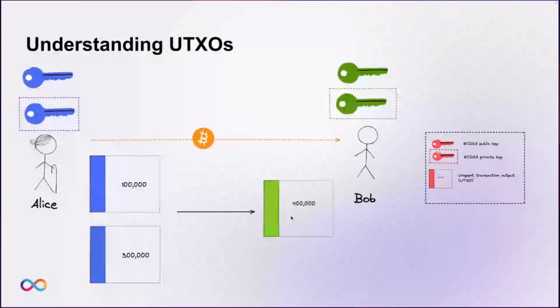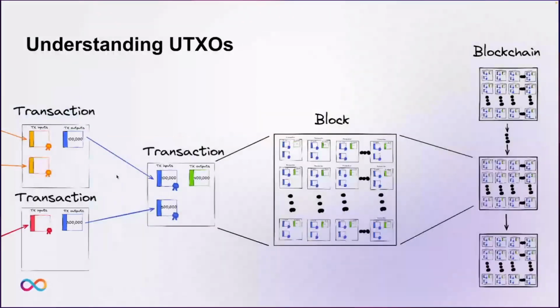So she creates a transaction with the 2 UTXOs that are being consumed as an input, and the new UTXO belonging to Bob produced as an output. And the inputs to this transaction were outputs from previous transactions. So to create a transaction on the Bitcoin network, you have to spend UTXOs. And you can only spend UTXOs you own. Each UTXO has a public key associated with it.